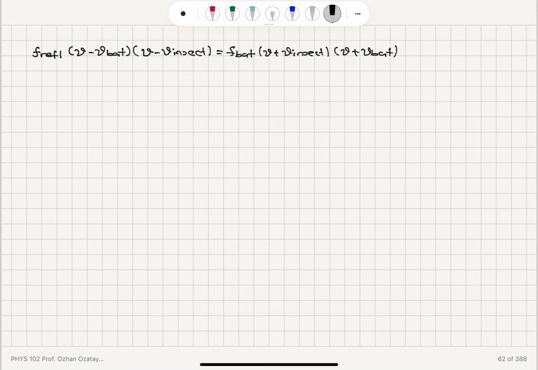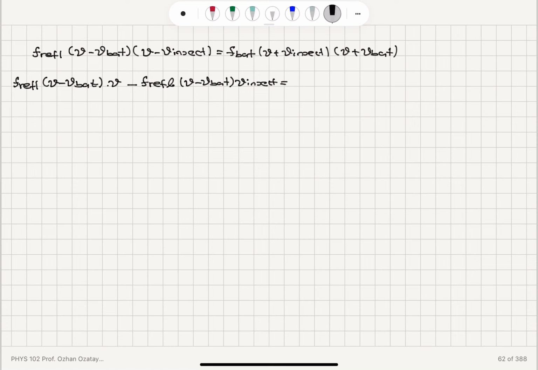Okay, so if we distribute this, for the first term here we have f reflected (v minus v bat) times v, and then minus f reflected (v minus v bat) times v insect.